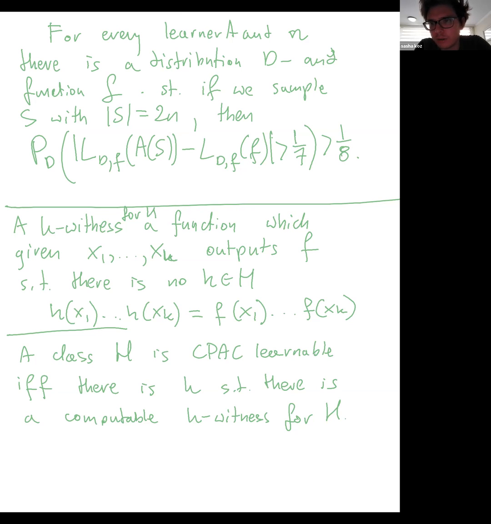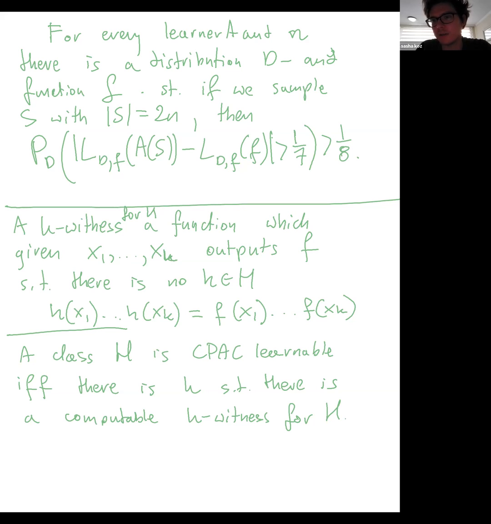And then when our learner receives these samples of size k, it's supposed to output something which has error at most 1 over 100 bigger than the best approximation in the hypothesis class. But on the other hand, if we just take a random f, the learner sees k values of this f on k natural numbers, and then the rest, the best he can do is just guess, because we take f uniformly at random.